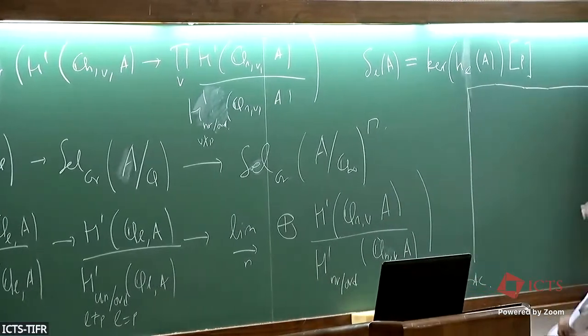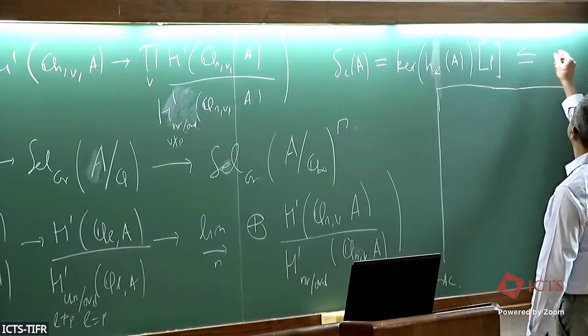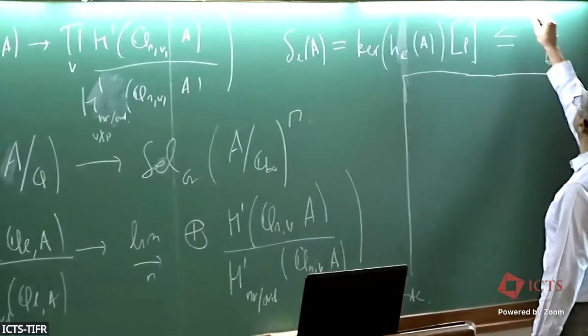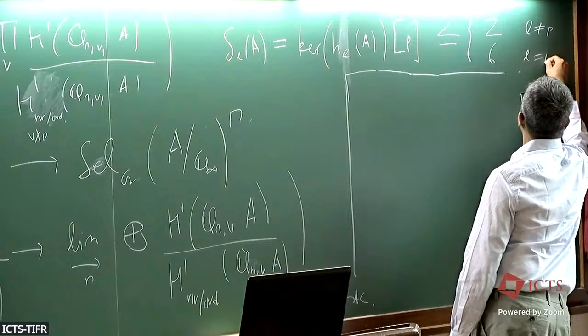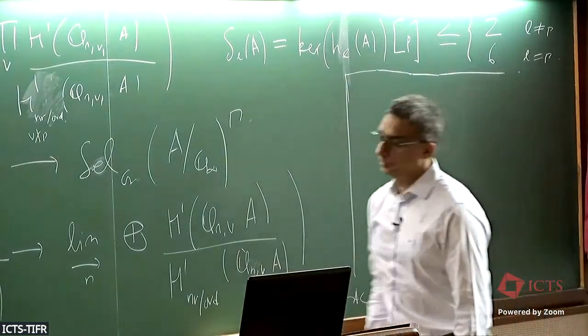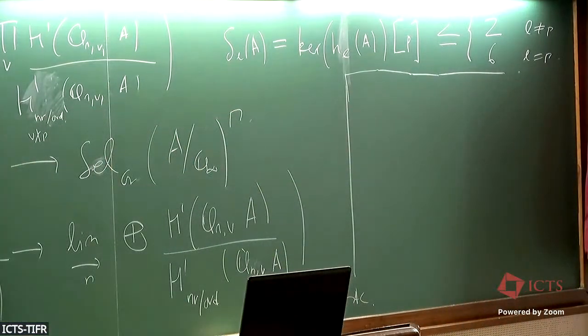And it's a fact that this is bounded by 2 or 6, if l is not equal to p, or l is equal to p. Some notation that one needs, local information that one needs in the proof.